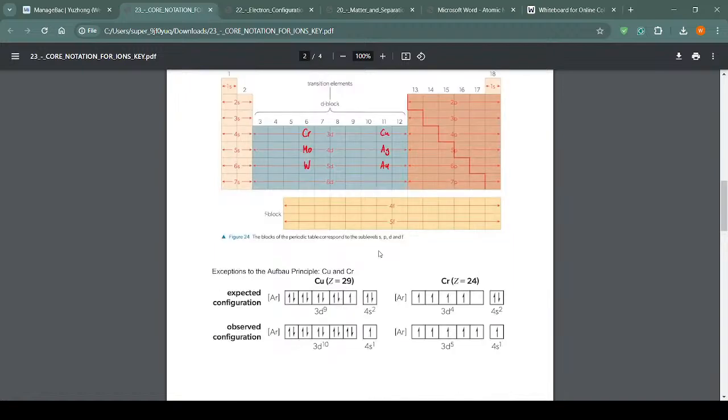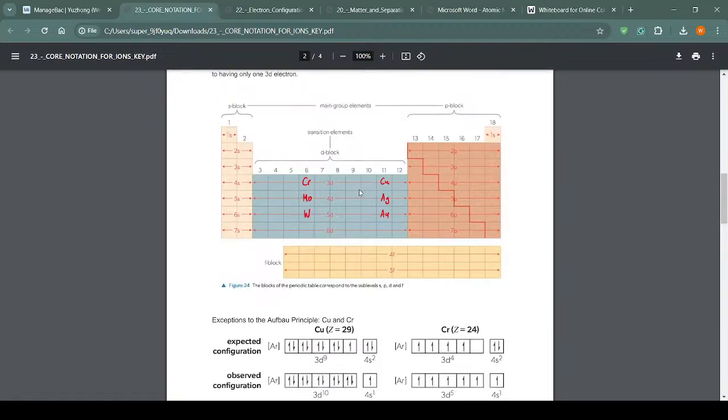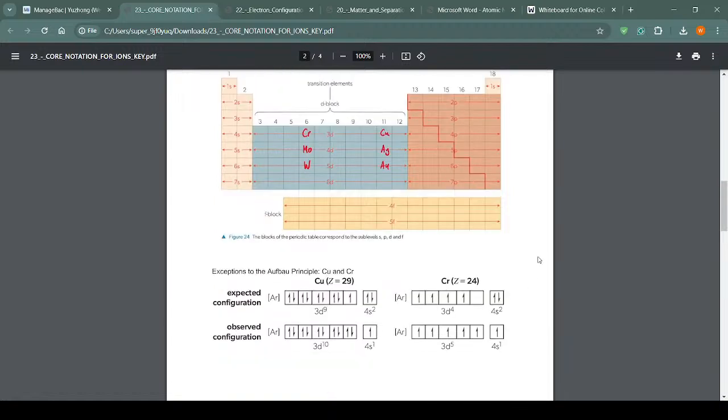Such as the exceptions, Cu and Cr. So instead of the expected configuration, it steals one from the 4s2. Same thing here, steals one from the 4s.